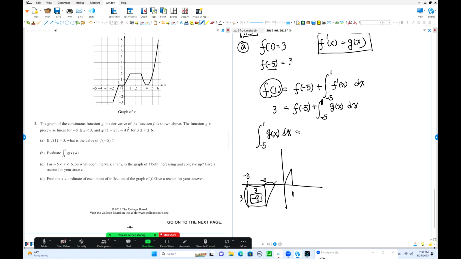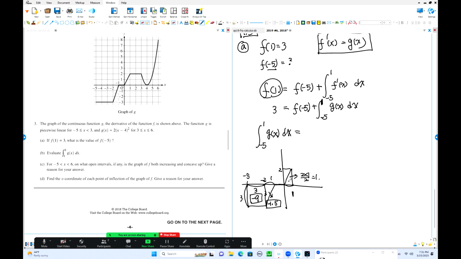What is the other area? This also is under the x-axis. That is 1 times 3, where the base is 1 and the height is 3. 1 times 3 divided by 2 is 1.5, still a negative area. There's no area for this one. Now from 1 over here, the height is 2, so 2 times 1 divided by 2 equals 1.